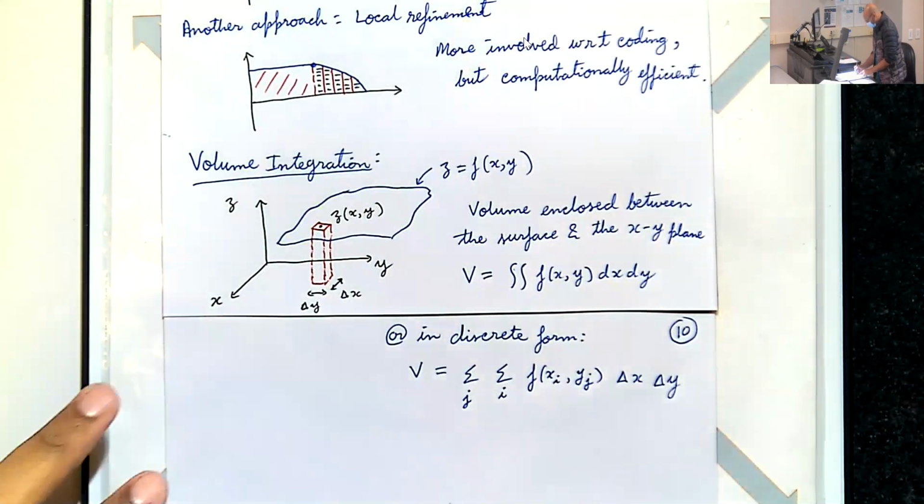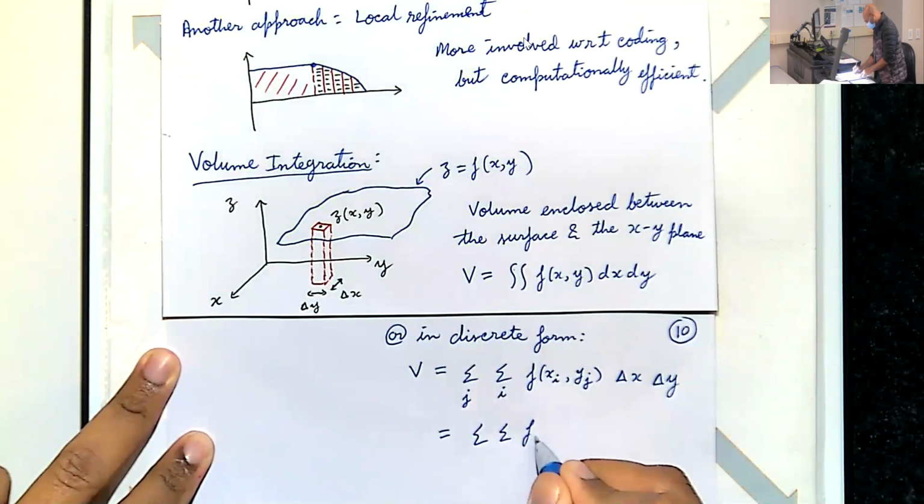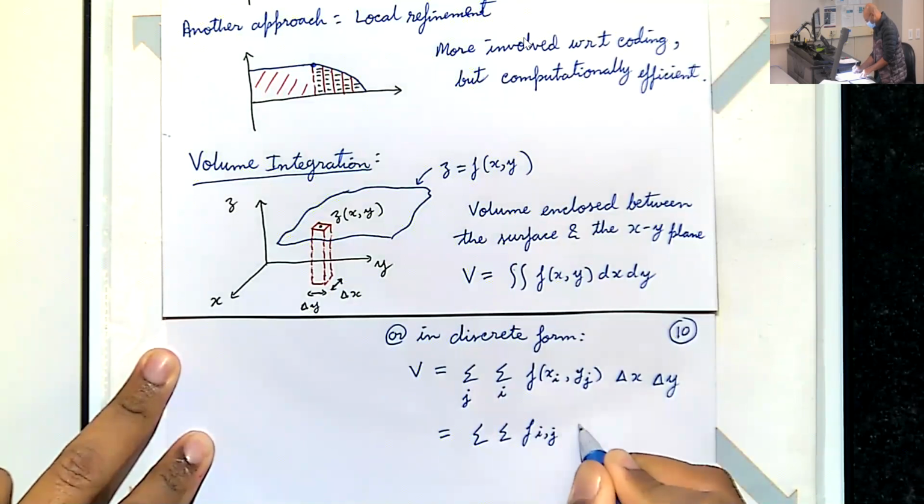Another, shorter way to write this is f of i comma j dx dy.